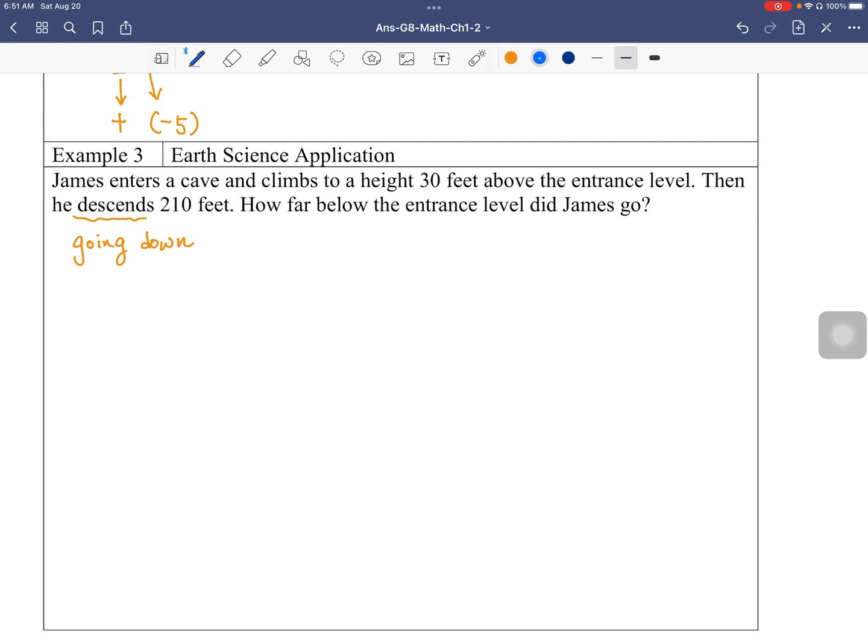So now, visualize this. I have an entrance level. And then I go to a height that's 30 feet above.